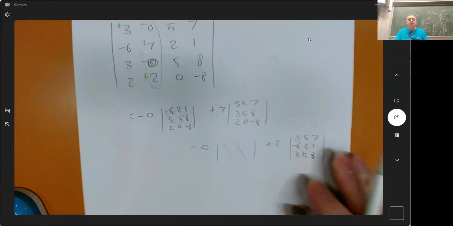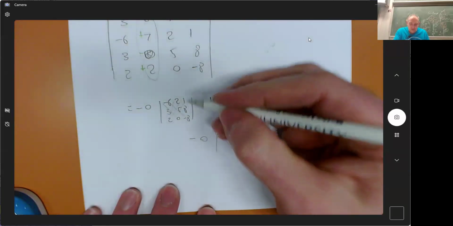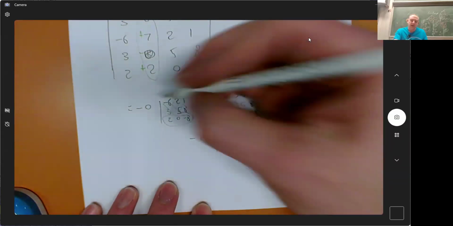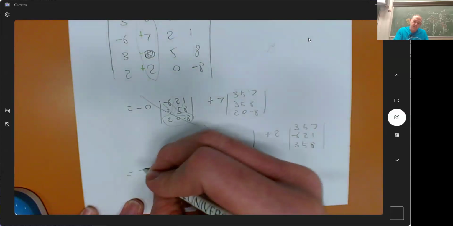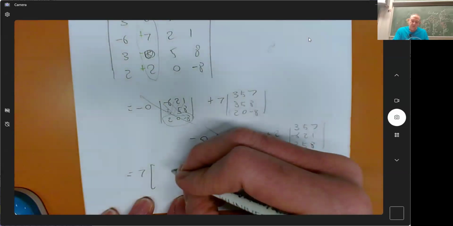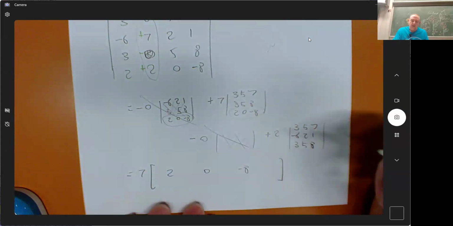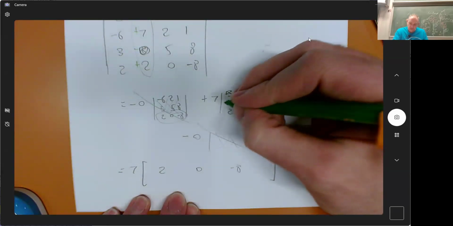And then you would do the same thing for each of these ones. So this one here, for example, you could pick the third row, not that I need it. I could pick the third row, so I'll have 7 times 2, 0, and minus 8. And the correct pluses and minuses are plus, minus, plus.